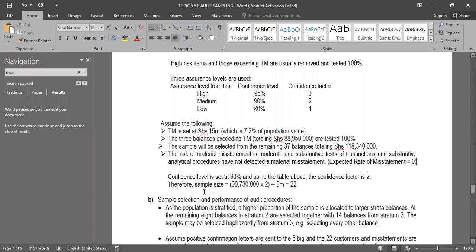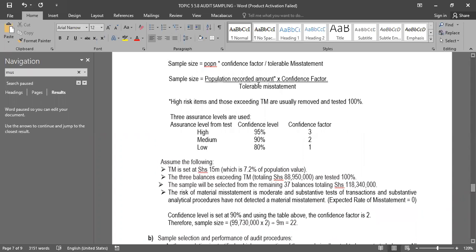Therefore, the sample size of ours, if you go with this formula that we have, which you know how to come up with, is equal to the population, which is not this now, but rather the 118, times the confidence factor, which I've seen is a 2, then divided by tolerable misstatement, which is not 9, but rather 15.